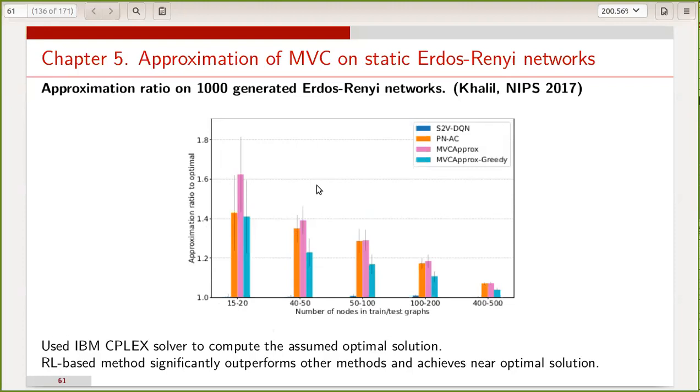We already have an experiment on that, just a small experiment. We train the reinforcement learning on the smaller graph and then apply it on the larger graph, because training on the larger graph is very expensive and time consuming.